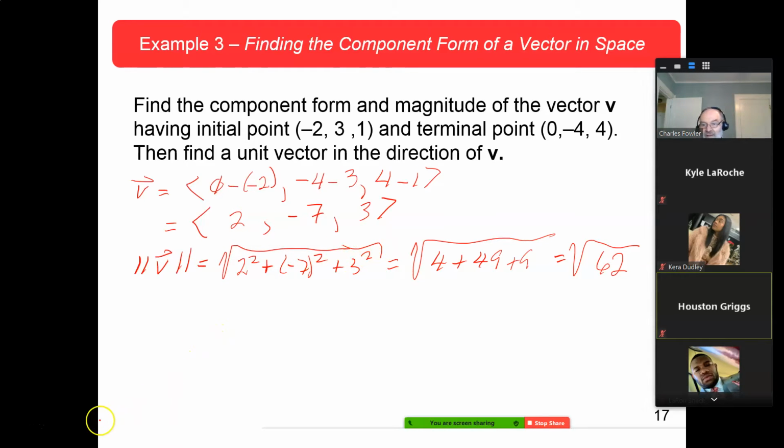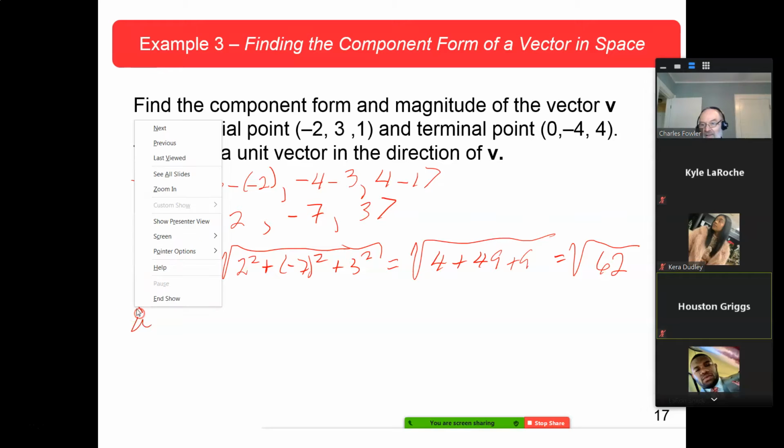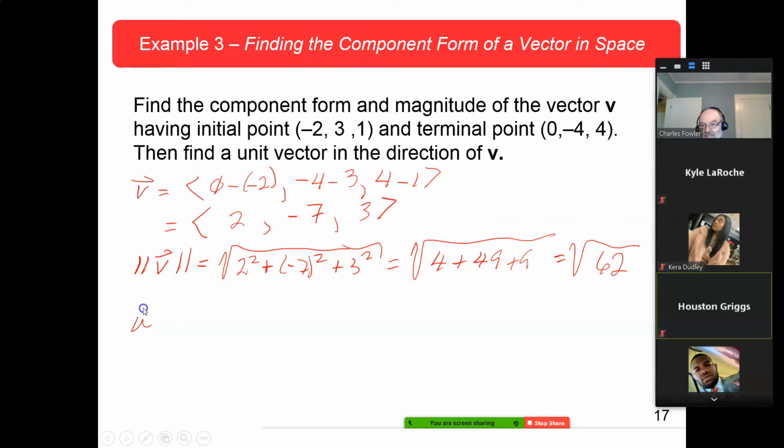Well, they didn't say to rename it, so I'm going to name it u, and I'm going to put the caret on top, if I could get the pen to write. That's how I represent a unit vector for my purposes. And this is in the direction of v, so I'm going to put v down here as a subscript so I know what unit vector I'm talking about.